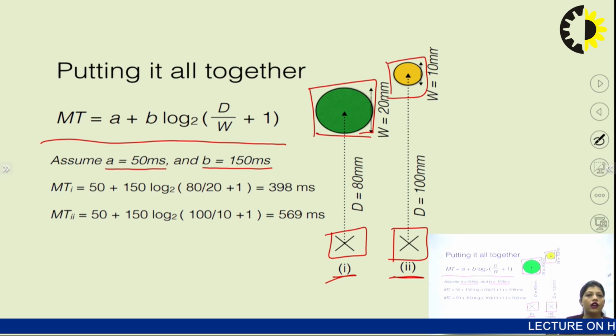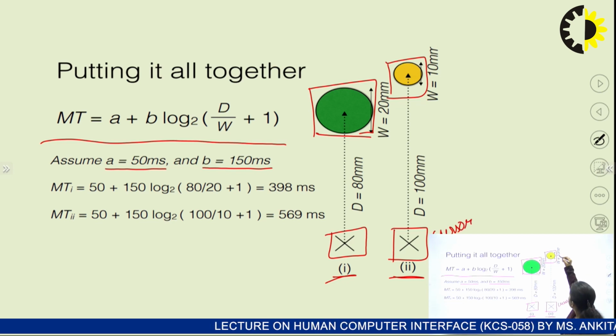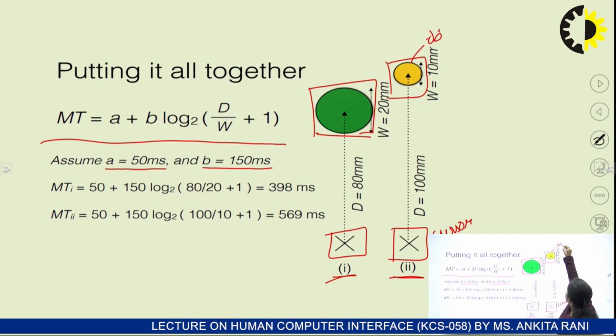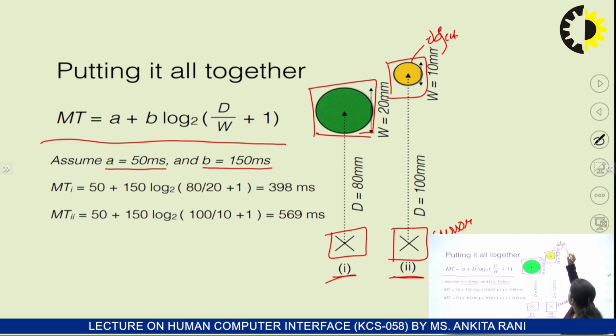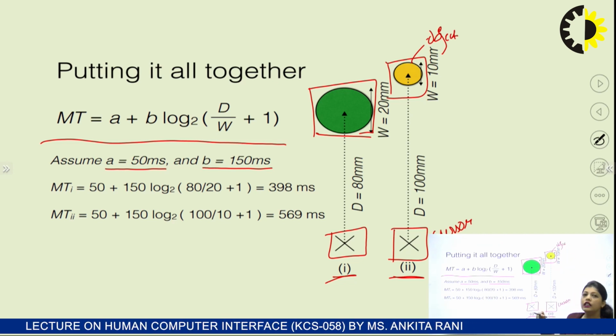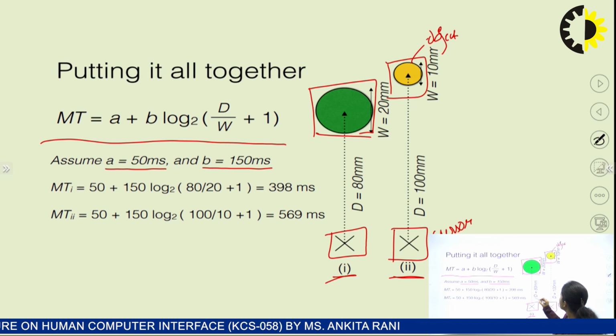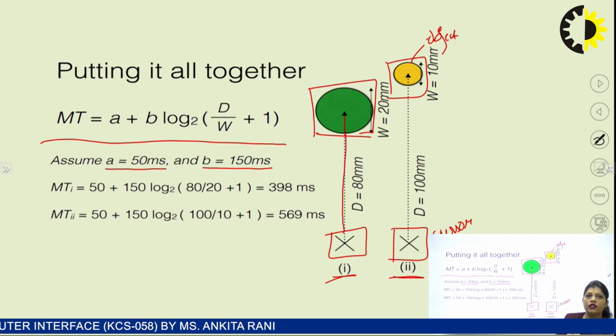In the first figure the distance between the cursor and the object is 80 mm, and in the second image the distance between the cursor and the object is 100 mm.